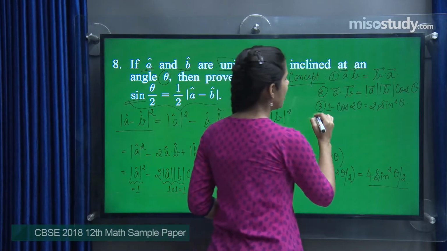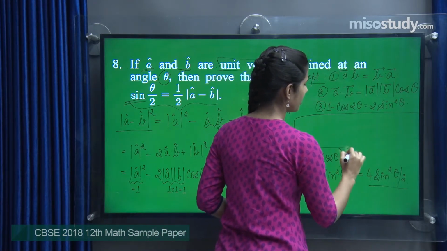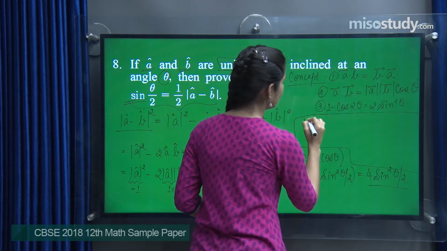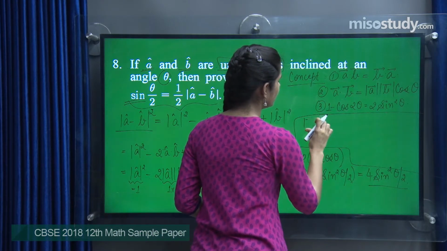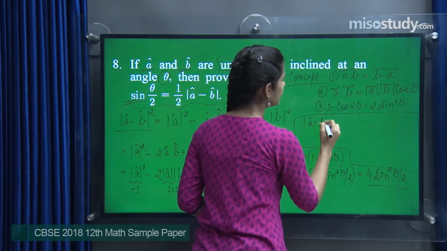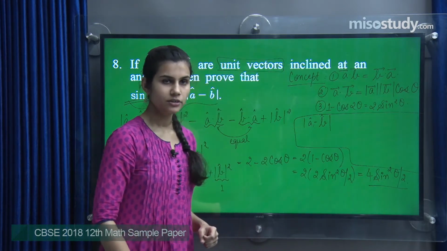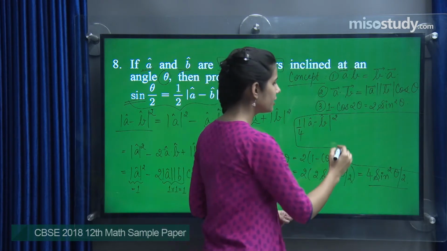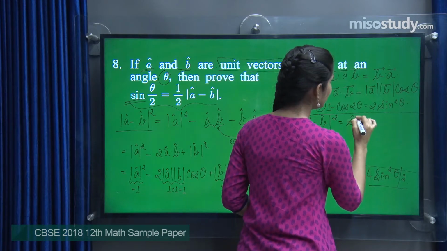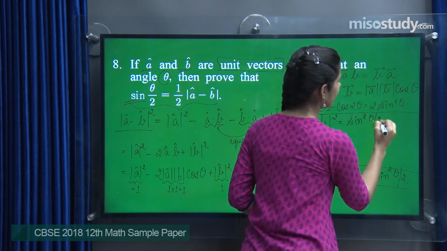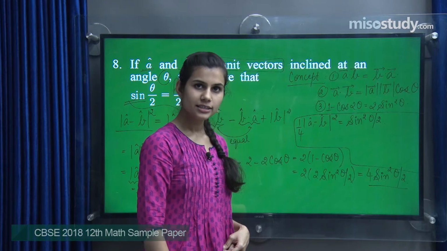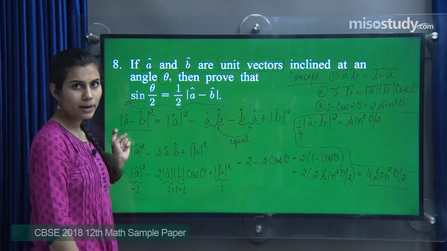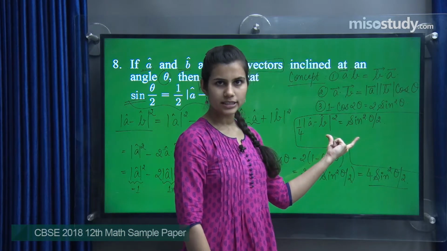And then after this step, what is it that I have? I have mod of this A vector minus this B vector whole square multiplied by 1 by 4 is equal to sine square theta by 2. Right? That's what I can do. I can take this 4 over here, it becomes 1 by 4, and my expression comes out to be this.